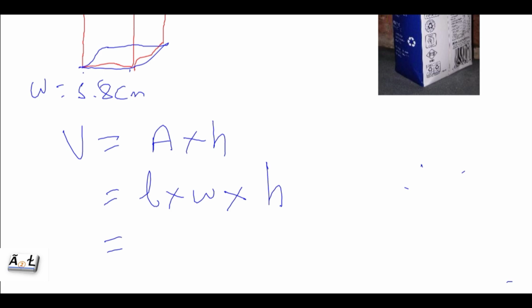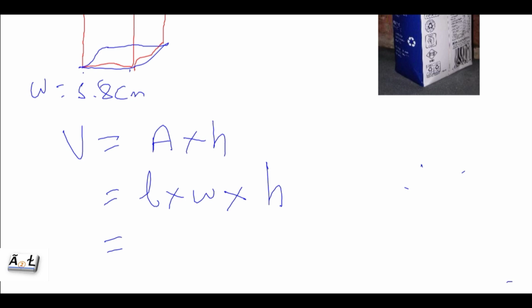We know that the measures that we took are from the outside, so it's an approximation. So we need to account for the thickness of the material used to make this carton. We're just going to roughly estimate that it's about 1 millimeter thick. So what it means is that we're going to reduce all our dimensions.